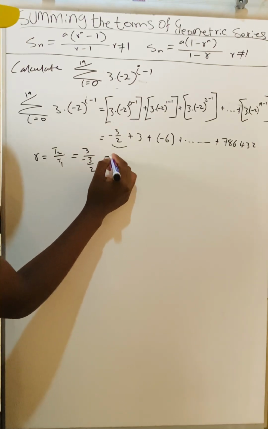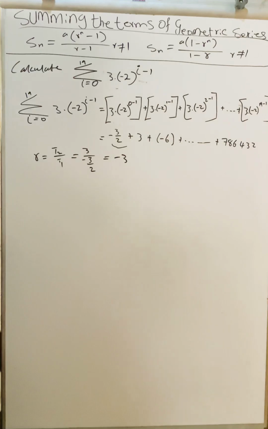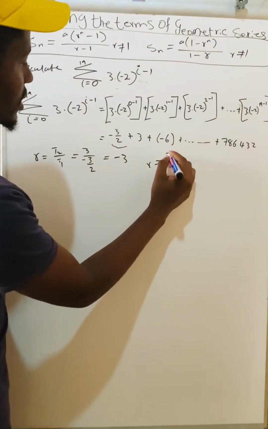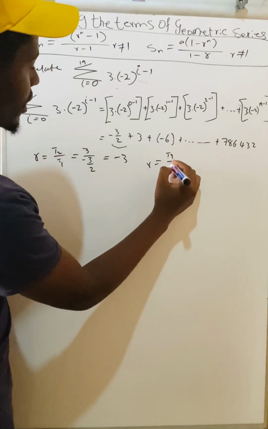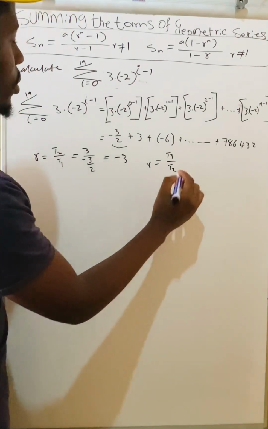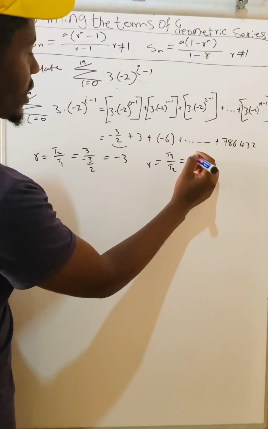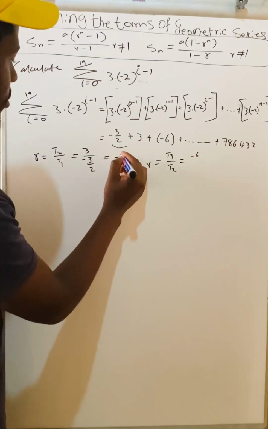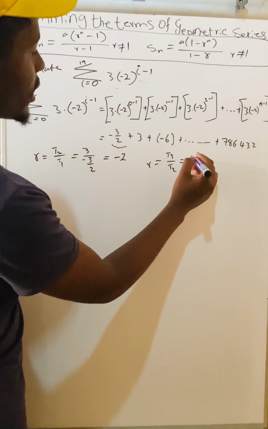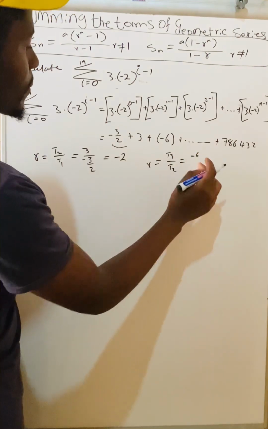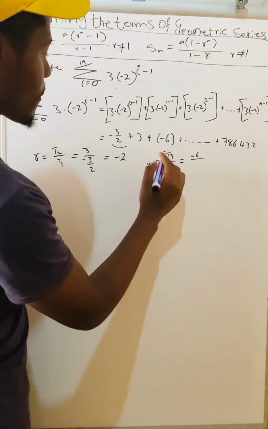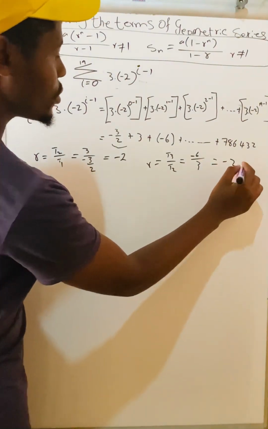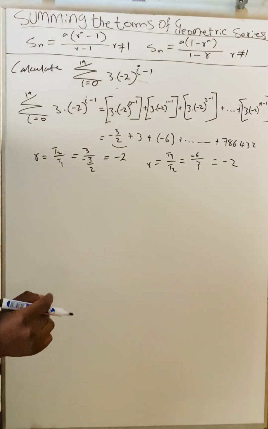Then you will get negative 2. Or you can just say R is equal to T3 over T2. What is our T3? Negative 6. Oh, it's 2, sorry. Here is supposed to be 2. Negative 6 over 3. You get negative 2. Negative 2 is your R.